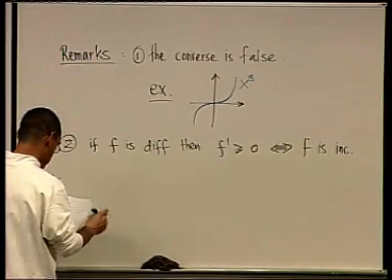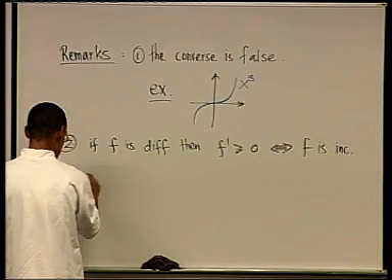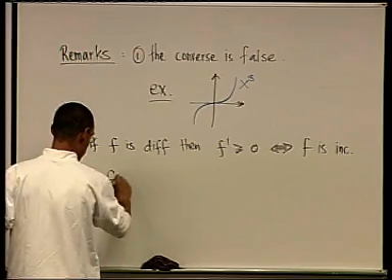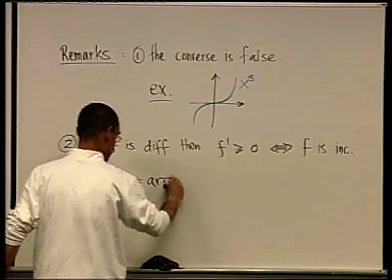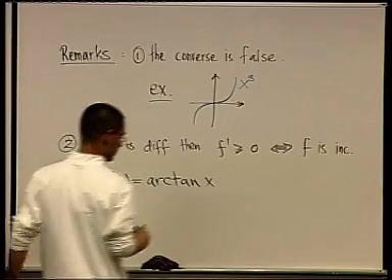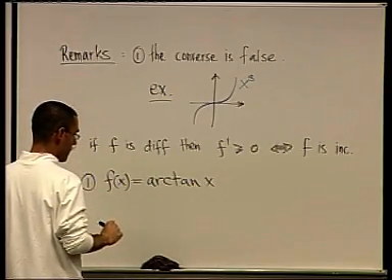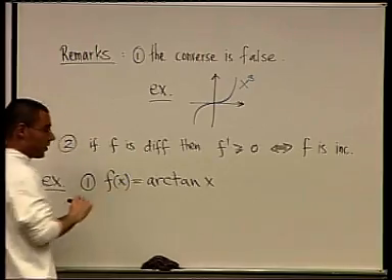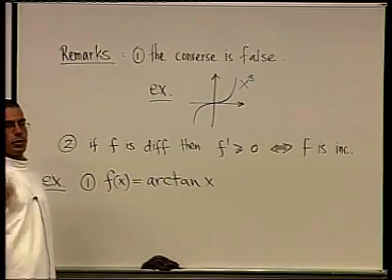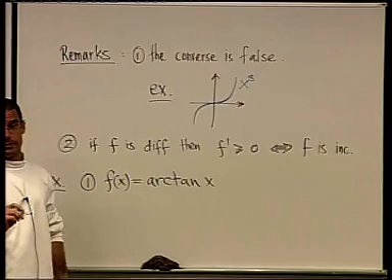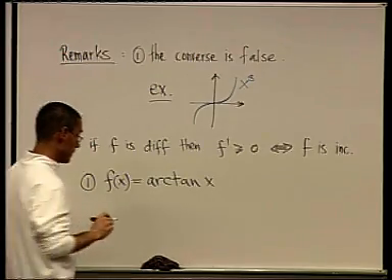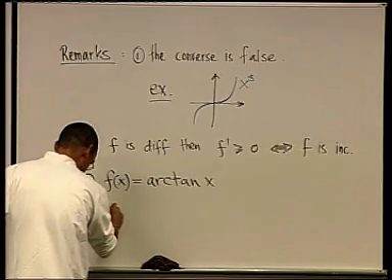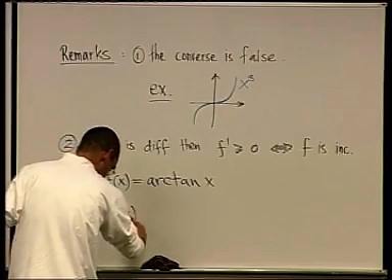So here's an example. Example 1, let's look at f of x, which is arctan of x. I want to claim that f of x is strictly monotone increasing on all of R, on the entire real line. And that's easy. f prime of x is what?